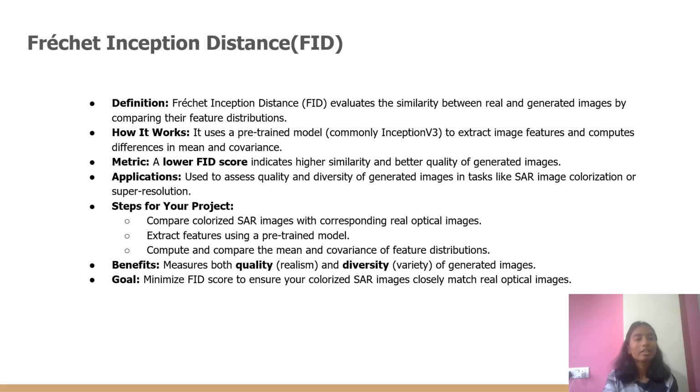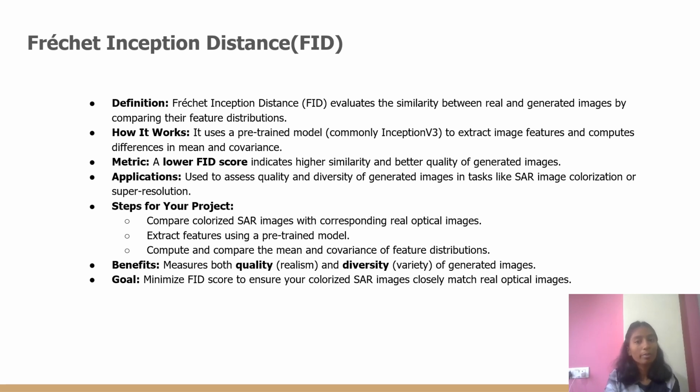Coming to the FID score, it is a score which evaluates the performance of the image model. FID stands for Frechet Inception Distance. It evaluates the similarity between the real and generated images by comparing the feature distributions.